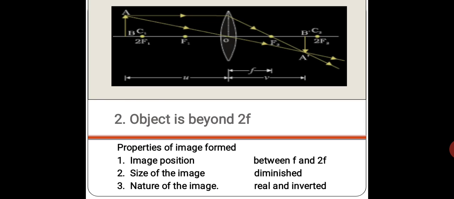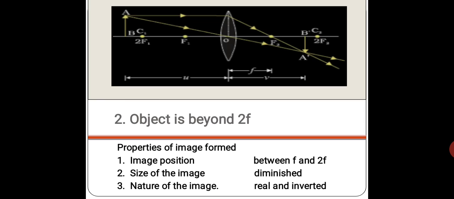That is, the image is formed between f and 2f on the other side of the lens. Now A'B' is the image thus formed. The properties of the image thus formed are: the image position is between f and 2f, the size of the image is diminished, and the nature of the image is real and inverted.